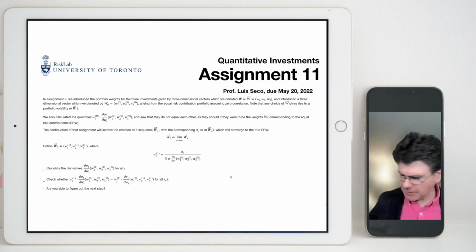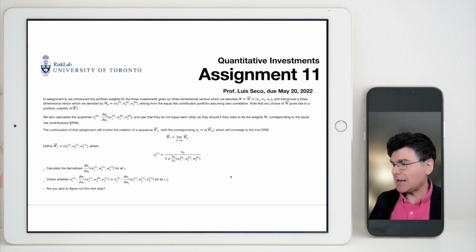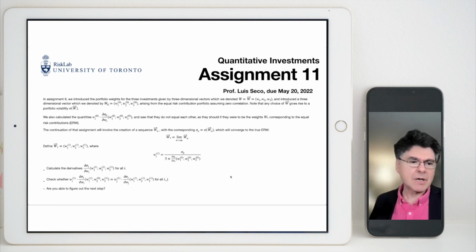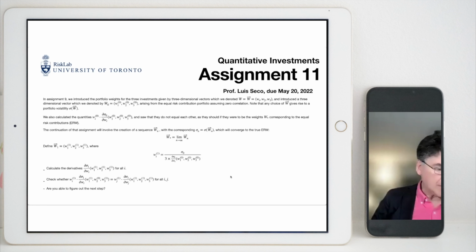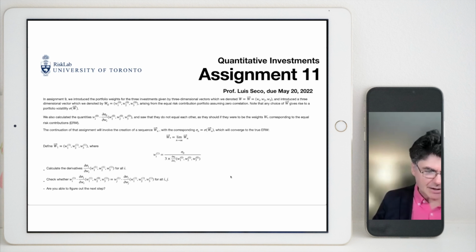This is the assignment. And in this assignment, what you noticed is that we're doing essentially the same thing we did in the previous one, except that this is like a second step. We are going from doing things once to doing things twice. And then I ask you if you can figure out what's next. In other words, if you can figure out the next steps in the iteration that we're doing here.